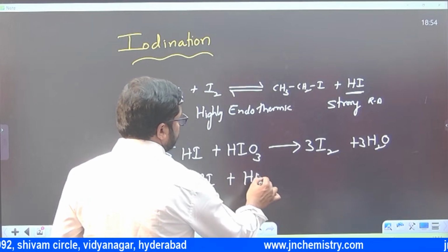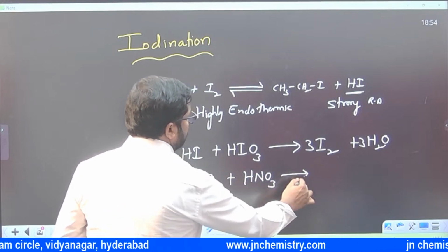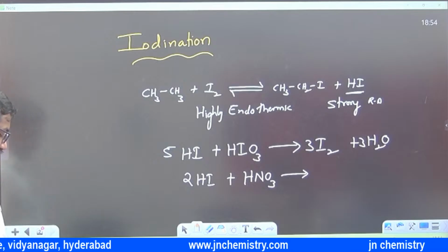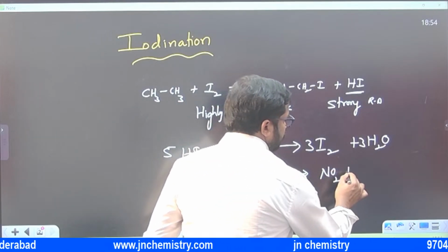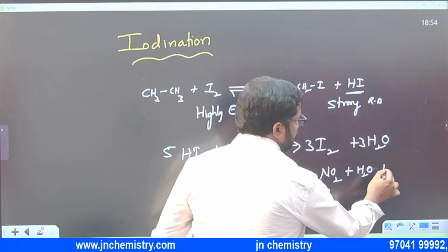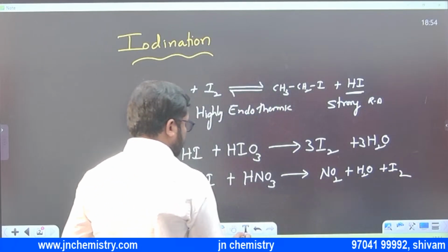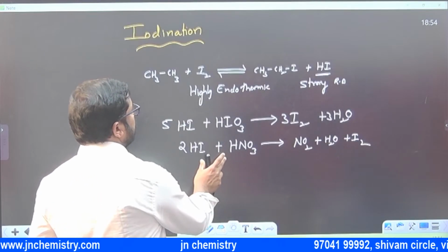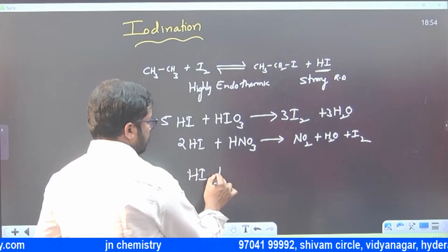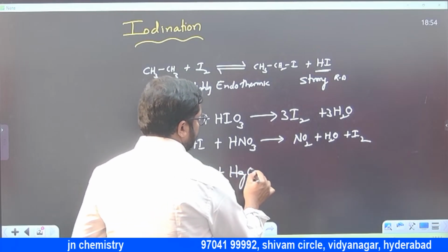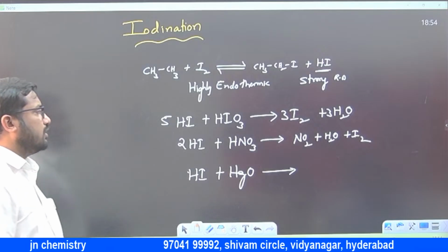HNO3 also we can use, giving NO2 plus H2O, I2. HgO also we can use.